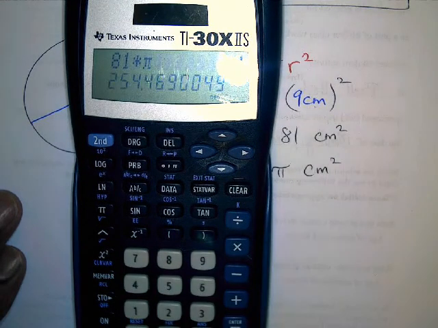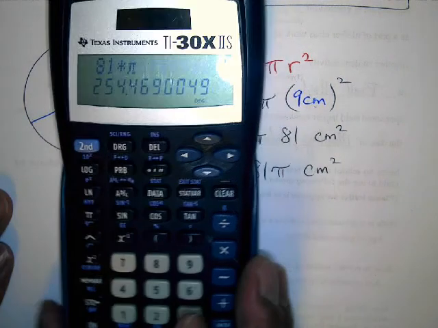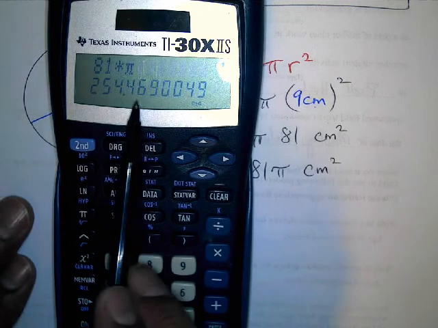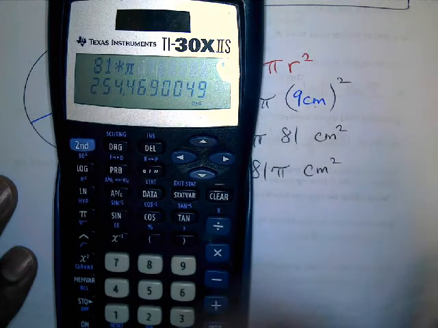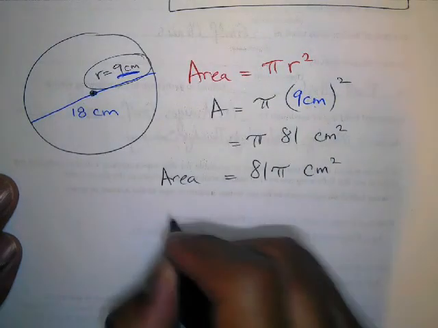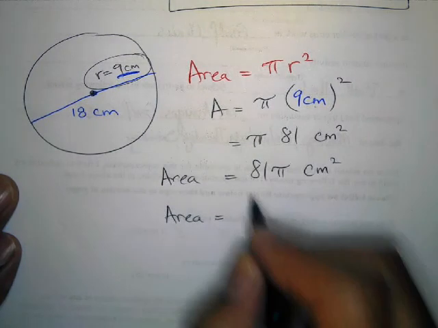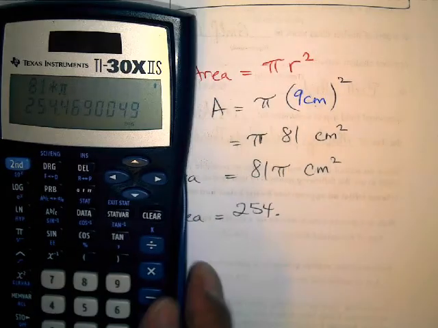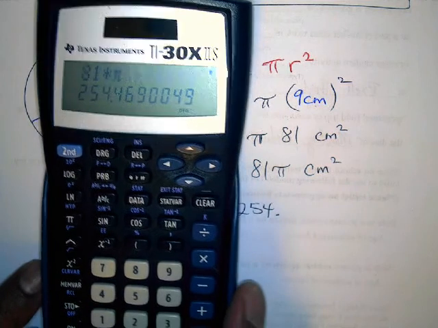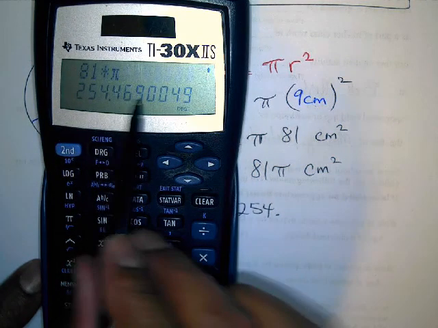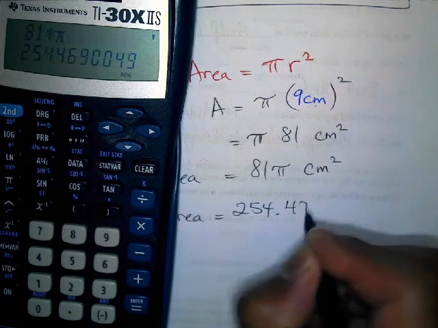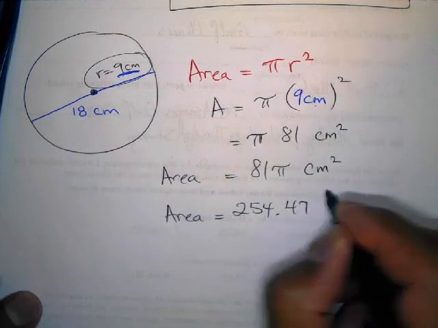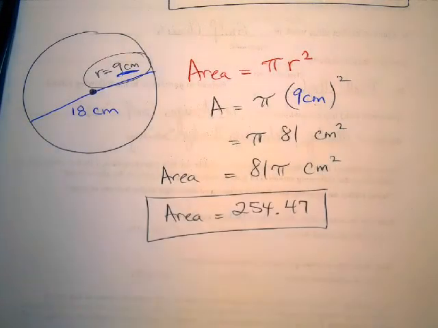81 times pi. 254.469, but that 9 bumps that to 254. 254 point, what was it? 0.46, but that'll be 0.47.